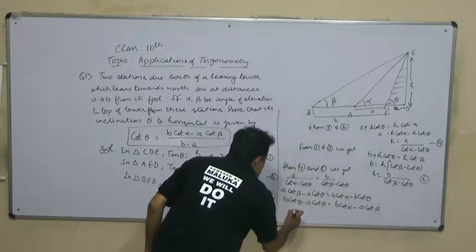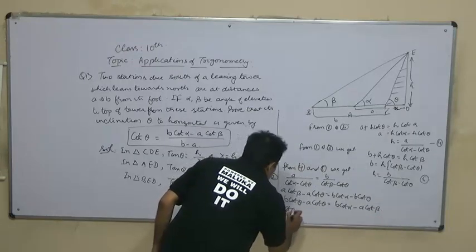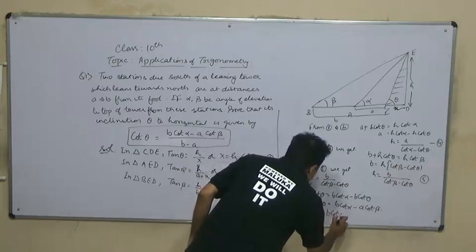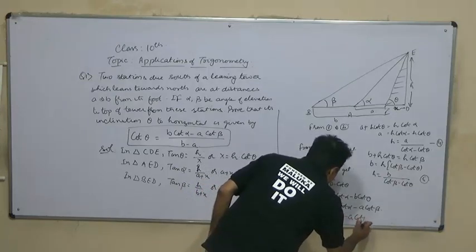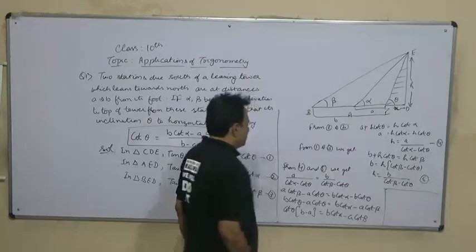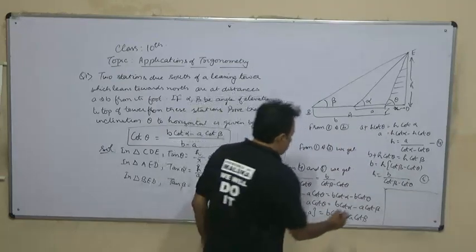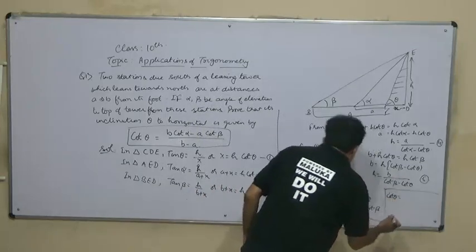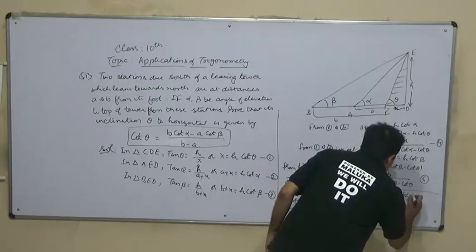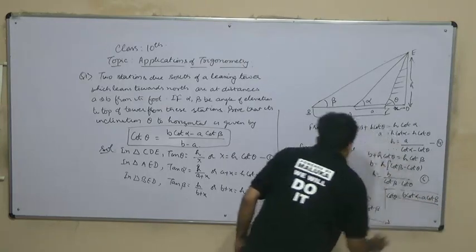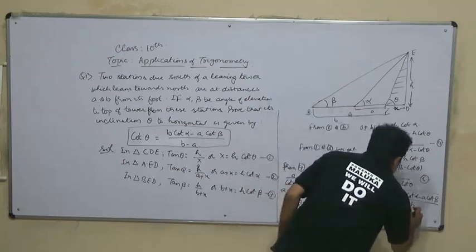Taking cot theta common, this is B minus A times cot theta equal to B cot alpha minus A cot beta. So cot theta is equal to B cot alpha minus A cot beta upon B minus A.